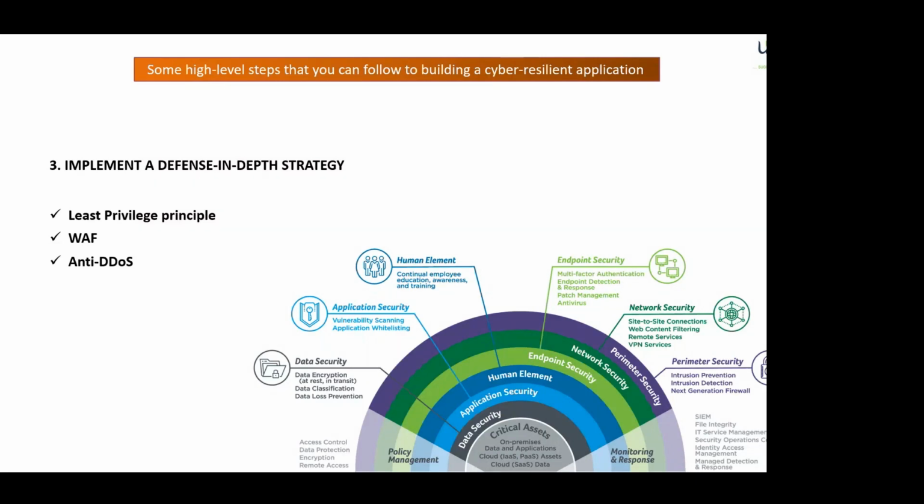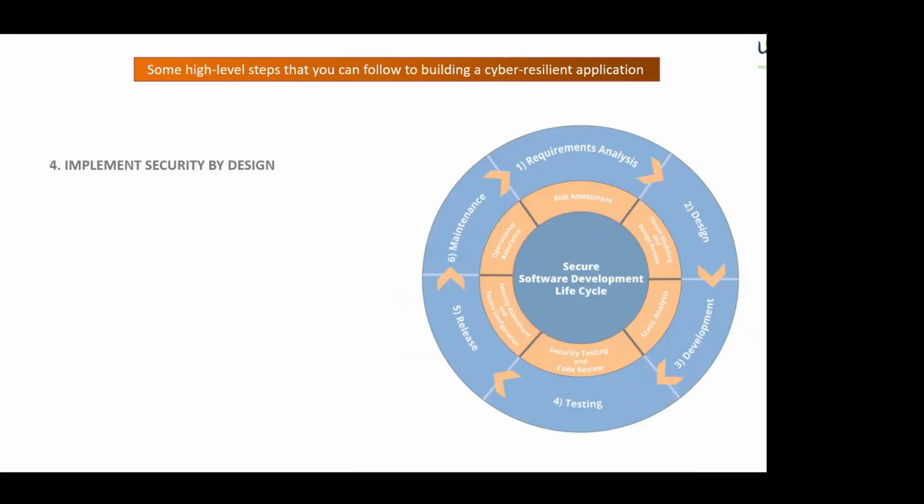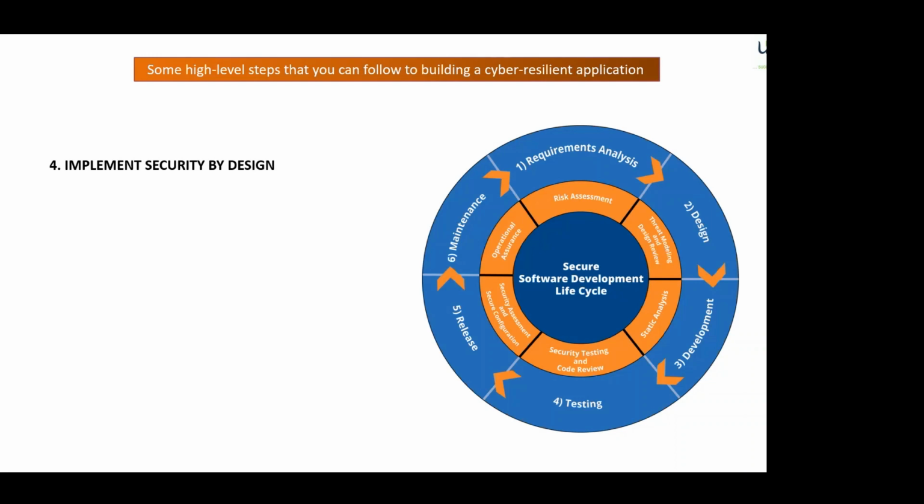So this strategy obviously will help prevent attackers from exploiting vulnerabilities in your application. It's as simple as that. Once you have this defense in-depth strategy in place, you know that at least you can sleep well at night. And firewall, basically.